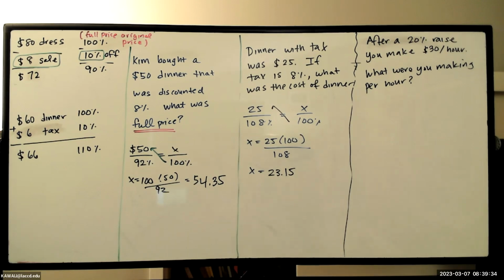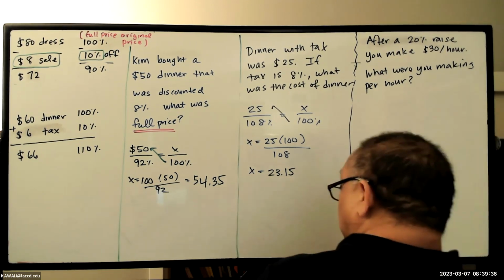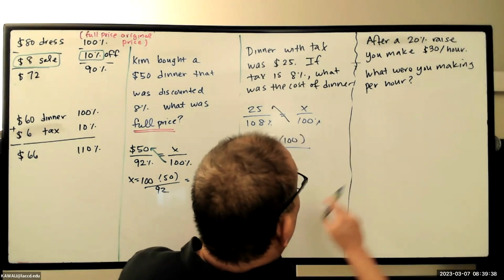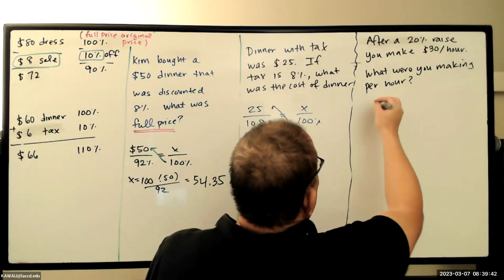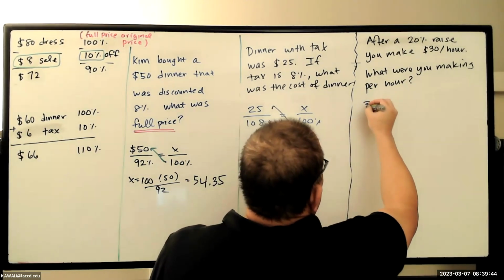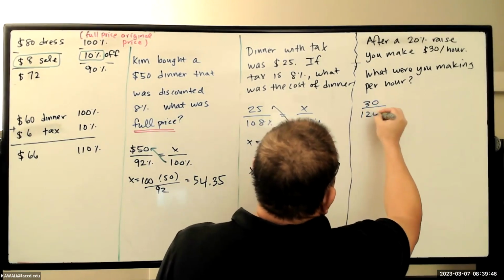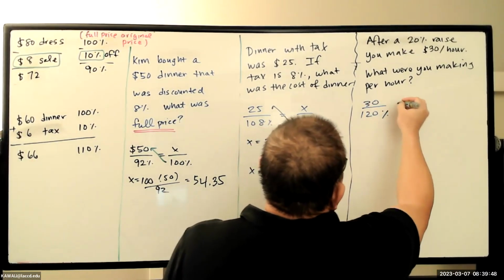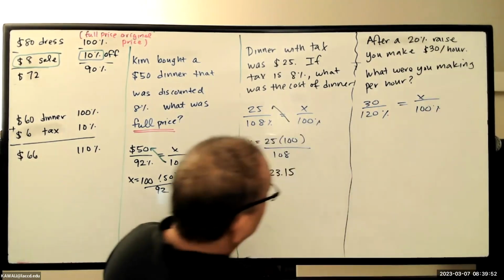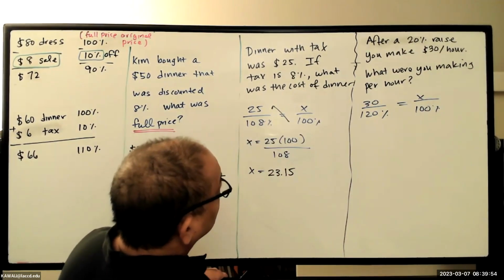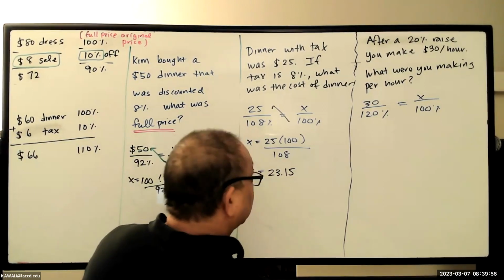Let's take a look at this. So you got a 20% raise. So with your 20% raise, that's 120% of what you used to make. So now you want to know what you were making. So let's bring this up here.